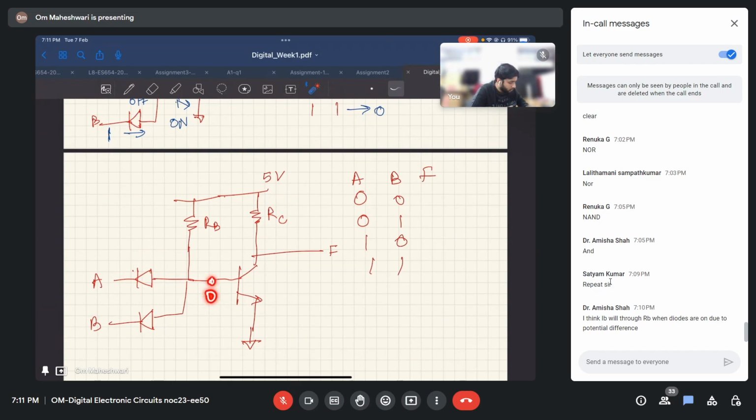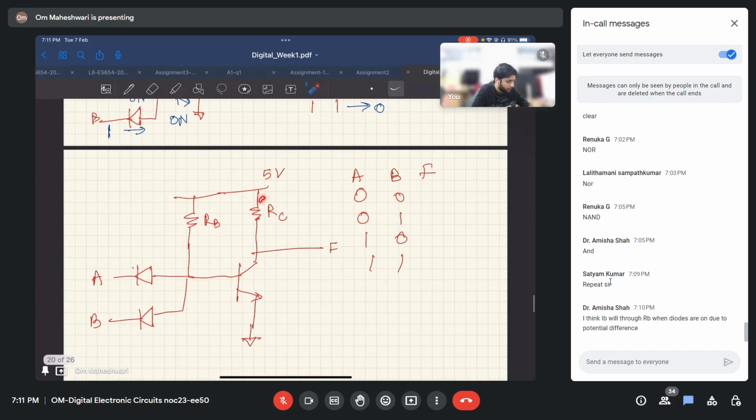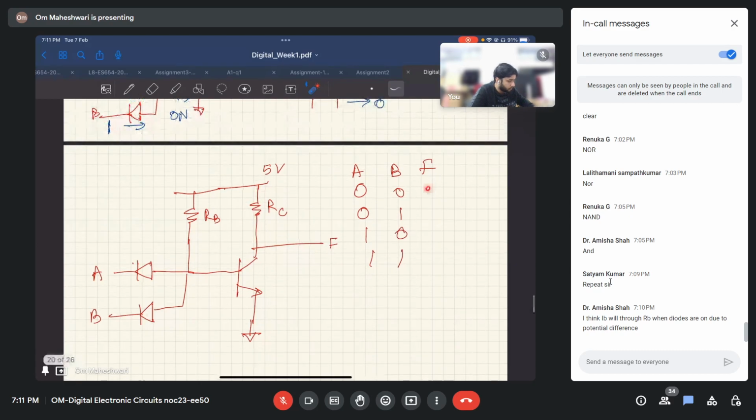When here it is 0 volts, then this transistor will be off. Since it is 0 volts here, VB equals 0, the transistor is off. Now when the transistor is off, current will not flow through this, and we will have 5 volts here. That is 1.